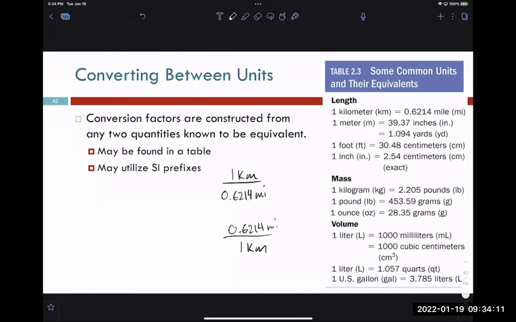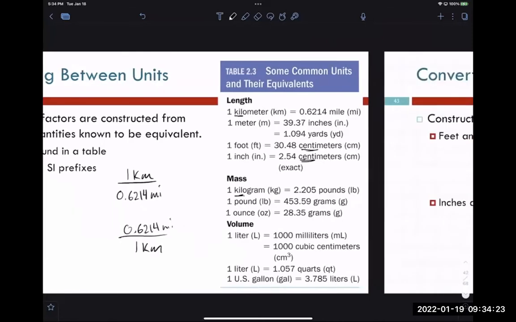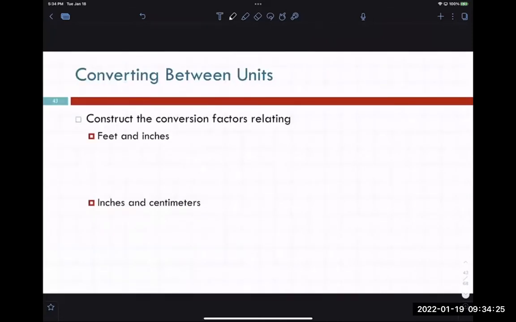So these may utilize prefixes, SI prefixes, right? We got things like kilo, centi. But primarily you'll get conversion factors like this. Okay, so you should all be able to do this already.